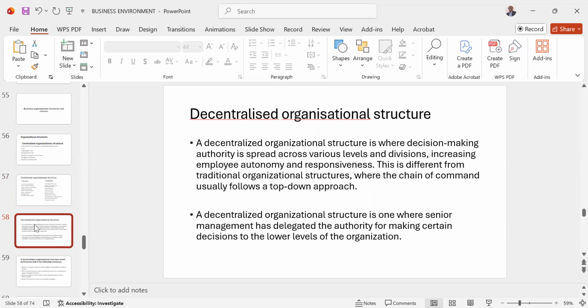Decentralized structure. Can you explain that? What does it mean? Decentralized structure is, decision making can be done in different branches, not necessarily at the head office. Okay. So what happens?